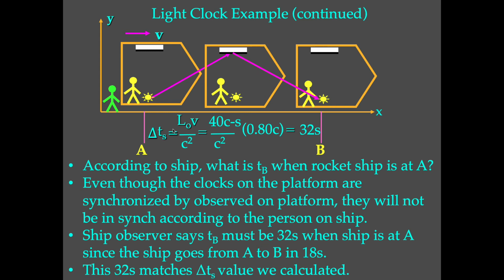According to the rocket ship, what is T sub B when the rocket ship is at A? That's the question. So, according to the person on the rocket ship, let me go back here.